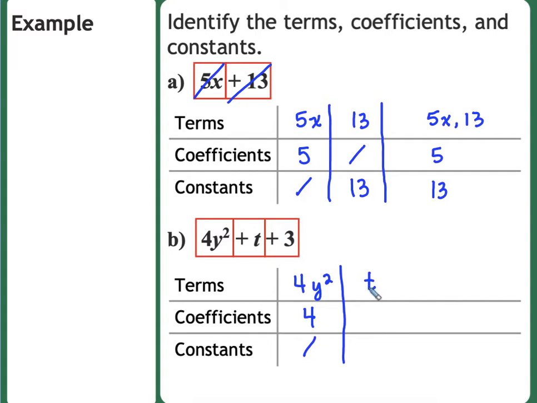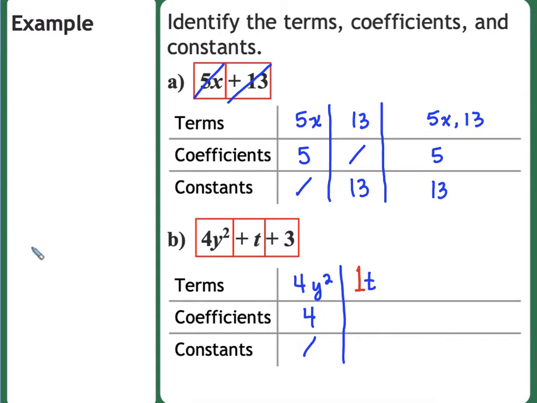We have t here. Now every variable has a coefficient which tells us how many of that variable we have. Now in math, when we're multiplying by 1, we do not write the 1 in front. We just kind of leave it off. But really, there is a 1 here. We have 1 times t.